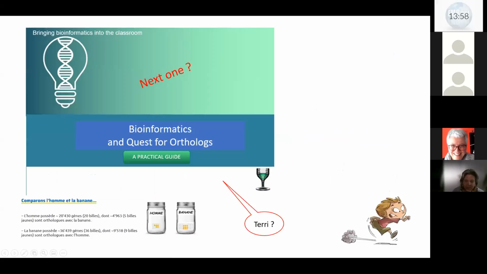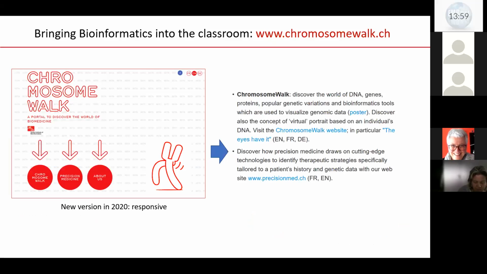And maybe, I don't know if Terry agrees, we could do a next bioinformatics guide for the high school teachers about the Quest for Orthologs. Last year we already presented the new part in chromosome work, where we did a lot of work about precision medicine.